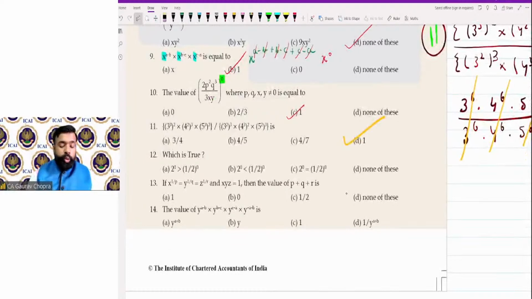Question 12: which is true? Which option is correct? 2 to the power of 0 is greater than half to the power of 0, or it is less than, or it is equal to. Which is correct? Greater, lesser, or equal?